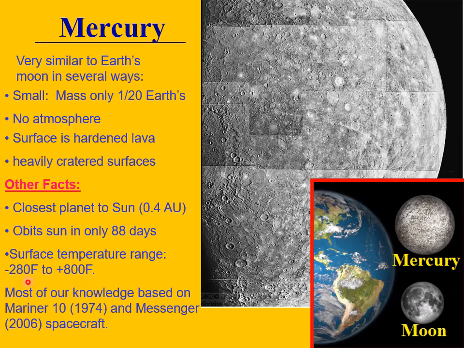So there is over a 1,000 degree swing in temperatures between the day of Mercury and the night of Mercury. And this is because there is no atmosphere to hold heat. Also, remember, because Mercury is the closest planet to the sun, it has the fastest orbit around the sun. And so Mercury takes only 88 days to go around the sun.